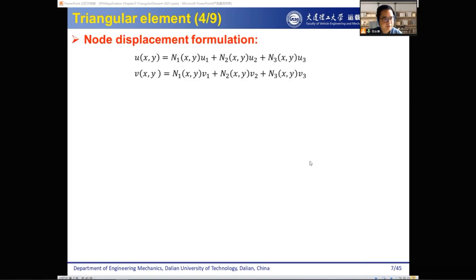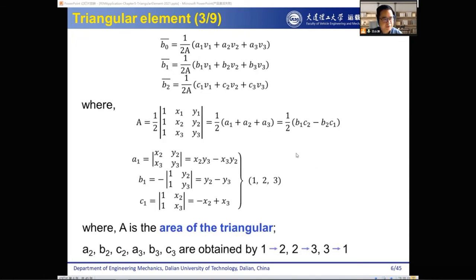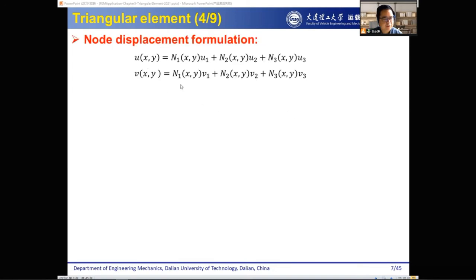By replacing those coefficients, we can rearrange the node displacement function. This is for the x direction, and this is for the y direction. In the x direction, we can rearrange in terms of the shape function. Here our unknown variables are u1, u2, and u3, the node displacements.